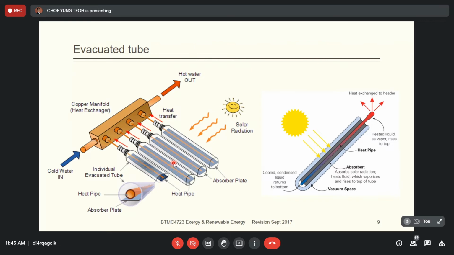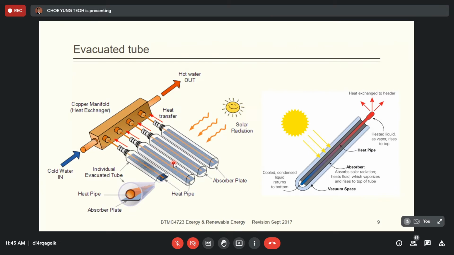So this one, I don't think we'll use it in Malaysia. Maybe in Cameron Highlands or Genting Highlands we may be able to use this, where the surrounding temperature is very low, where the flat plate collector is not able to give you enough heat for the hot water.